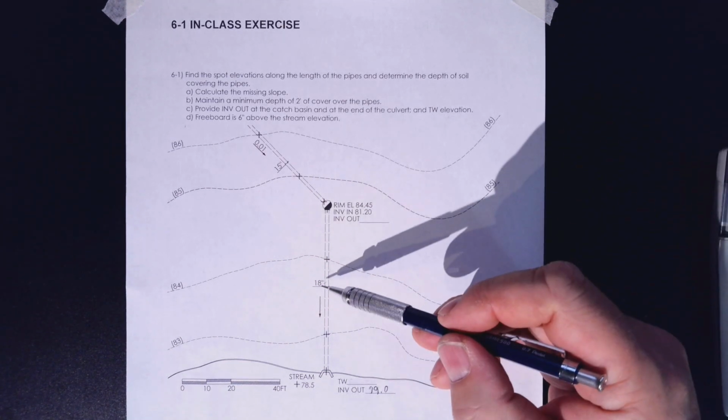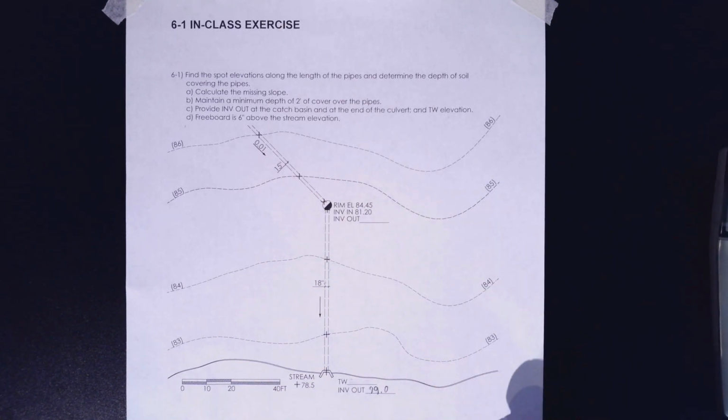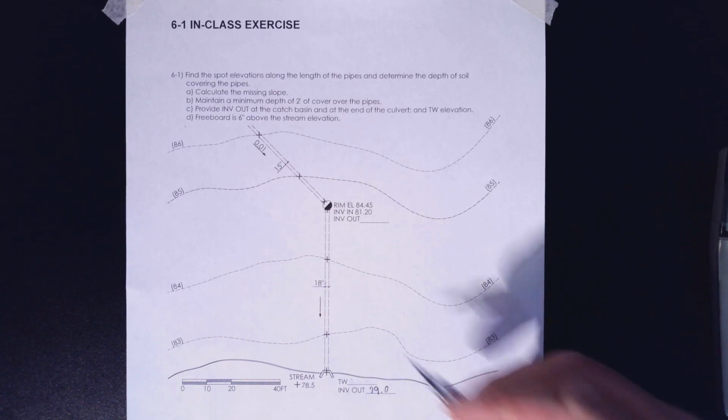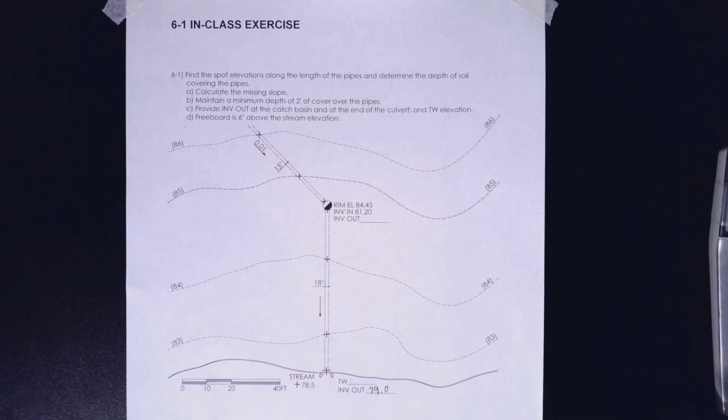We have to add, it's an 18-inch pipe, so we add 18 inches, which is 1.5 feet, for the diameter of the pipe. Then we have to add 2 feet of soil on top, so plus another 2 feet. That's 3.5 feet. So add 3.5 to 79, and you get 82.5.